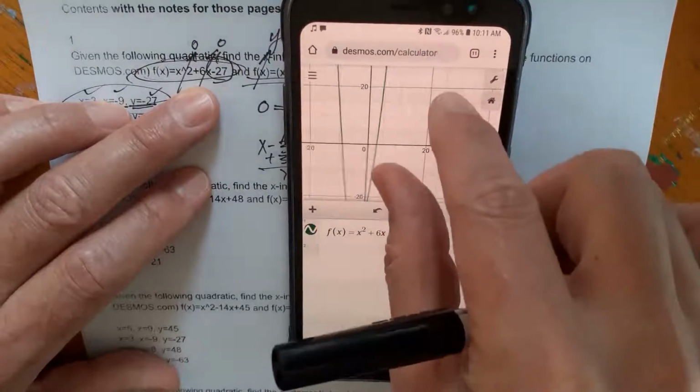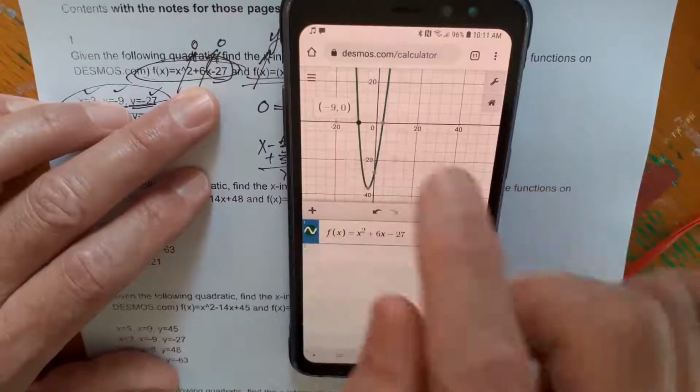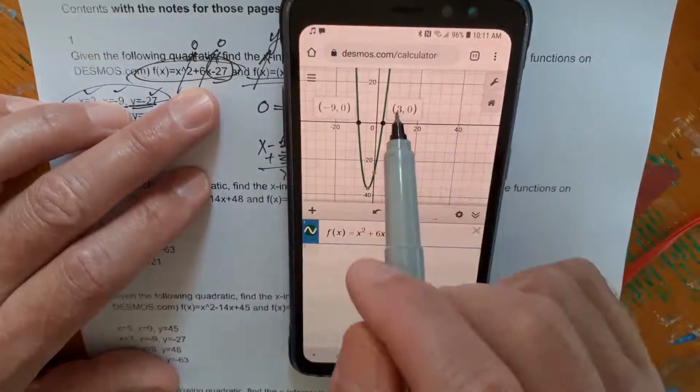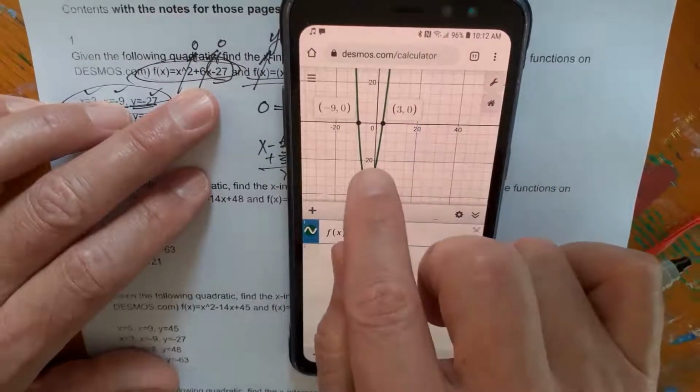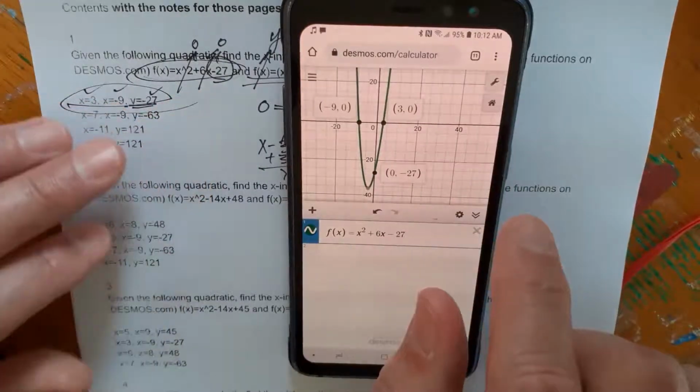All right, notice that this draws the parabola for us. And if we click on these roots here, it'll tell us what they are. So here's one, minus 9, 0. Here's the other, plus 3, 0. It'll tell us what the y value is here too, negative 27. So we can use Desmos to do all these problems.